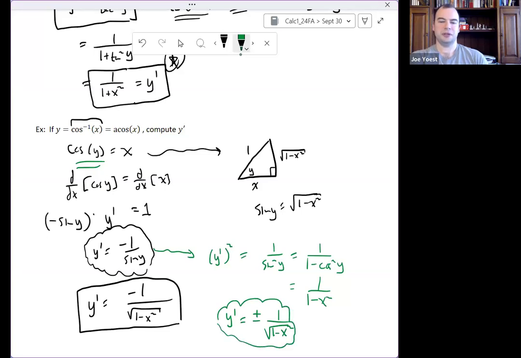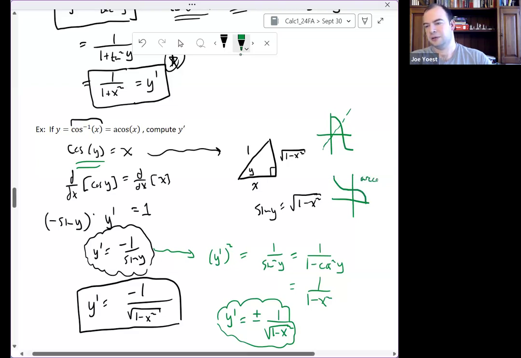Clearly, it's not both, right? My arc cos, cosine looks like this. If we flip it over the line y equals x, arc cos looks like this.